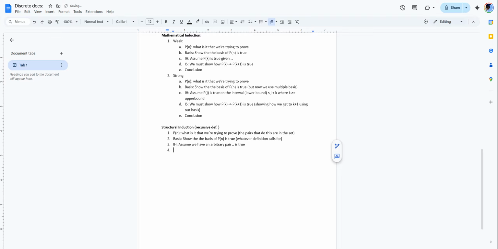And then your inductive step is just, we want to show how every step following our basis will still meet the requirement. And the way I do this is just case by case, aiming at the definition in the question.